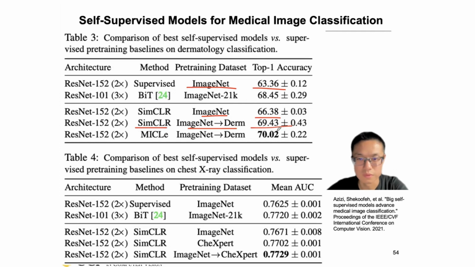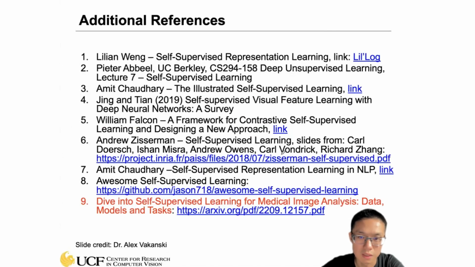Okay, so this is the case of using self-supervised learning in medical image computing. There are a lot of resources you can look into, especially this survey paper, right? They summarize different self-supervised learning techniques for medical image analysis, but the core techniques come from the natural image domain.